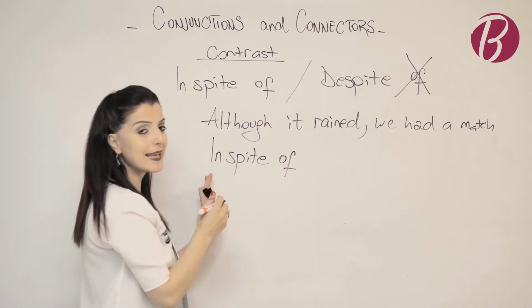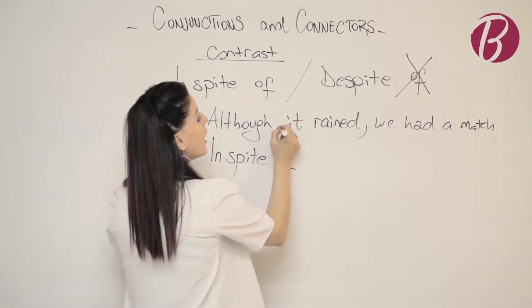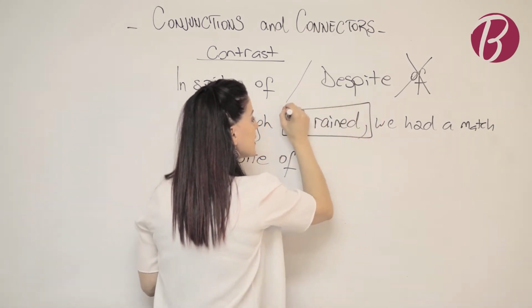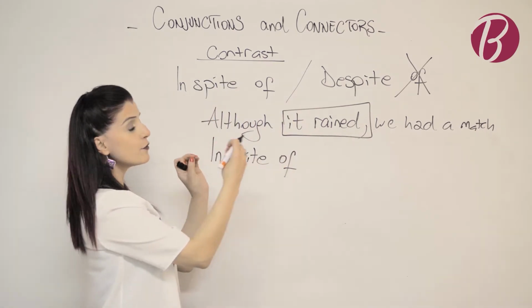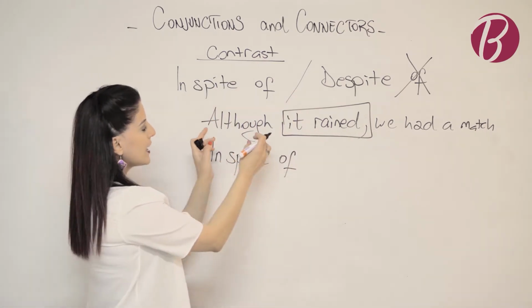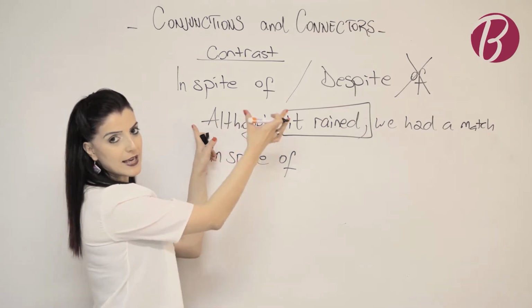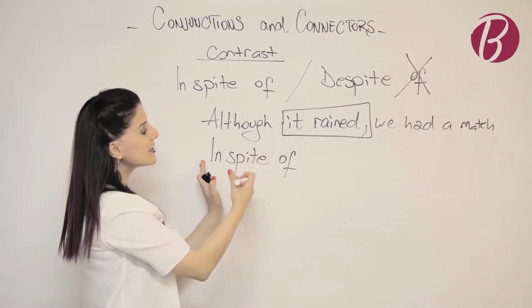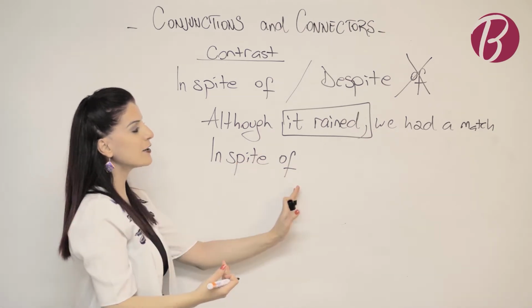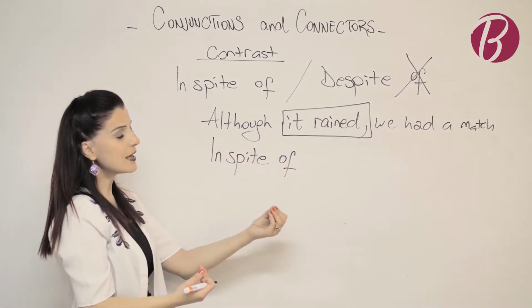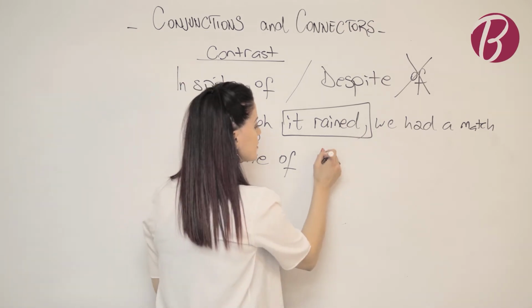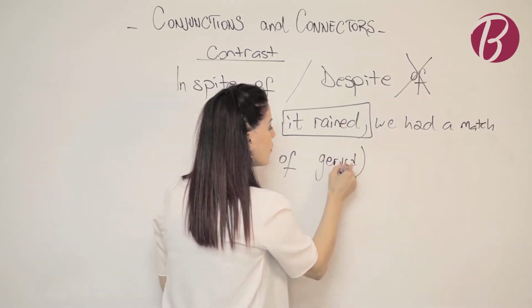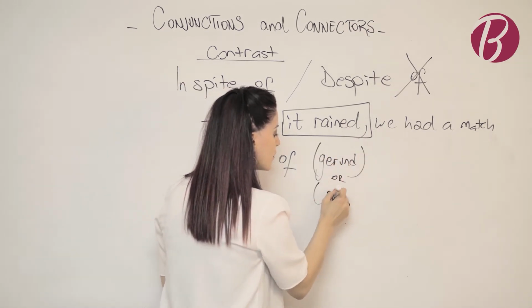When we use in spite of, we can't use a full sentence now. With although, we can, but in the in spite of structure, we can't say in spite of it rained. We can say a gerund or a noun.